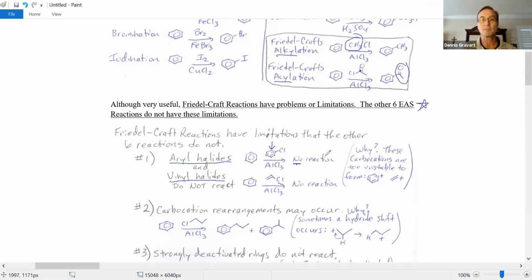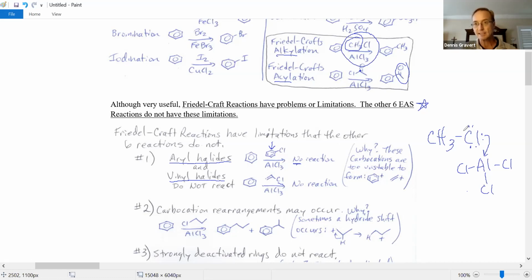The concept is that in Friedel-Crafts reactions, let's start off with alkylation right here. What happens is the catalyst, aluminum chloride, has an empty p orbital, and it can attach to the lone pair on the halide.